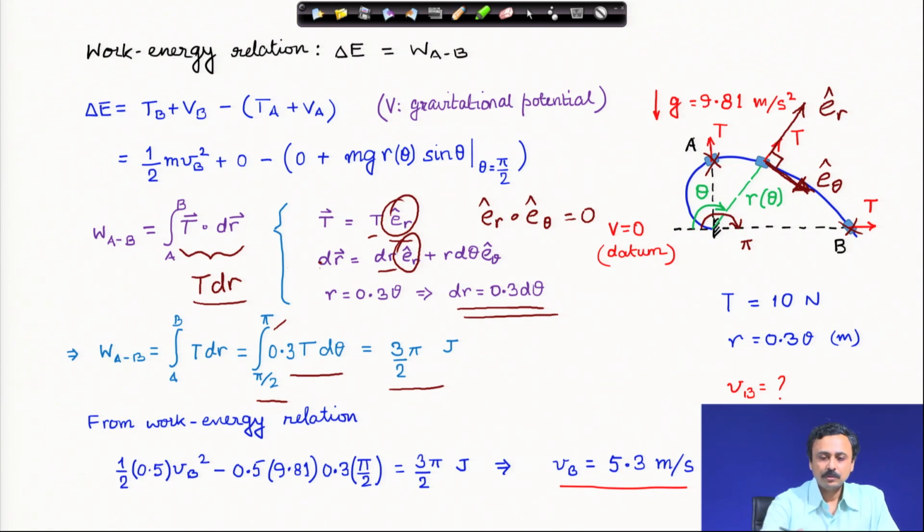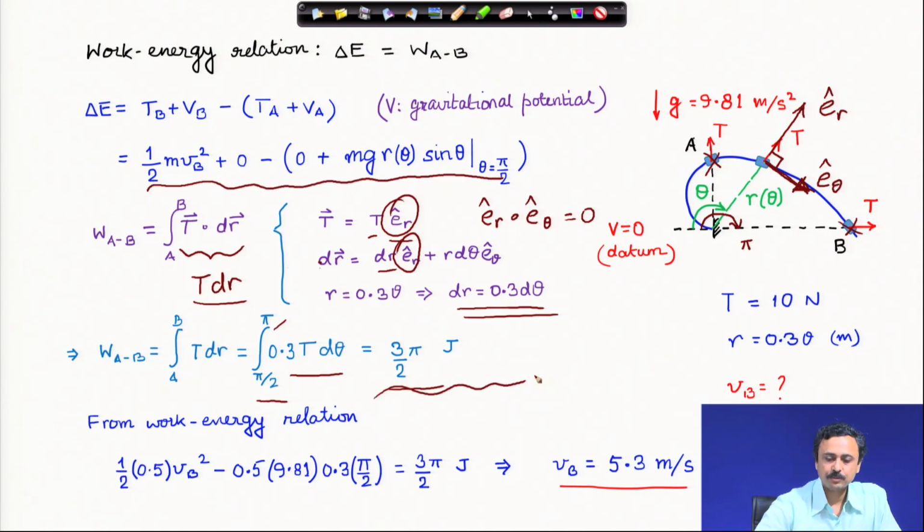You have to equate this expression and this expression, which I have done here, and finally, the velocity at point B is 5.3 meter per second. So, this is straightforward.